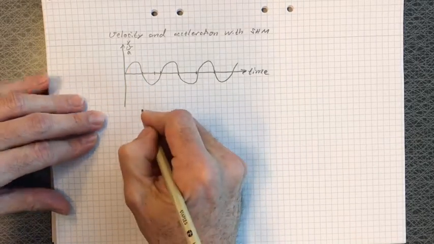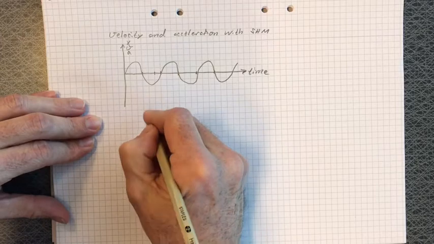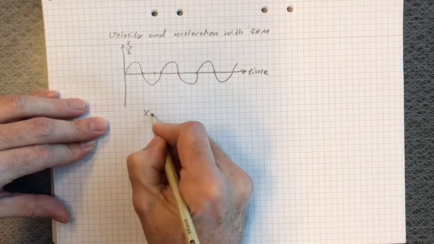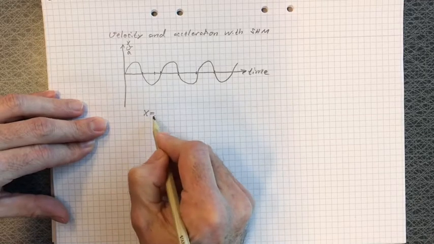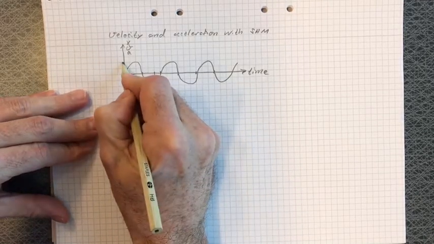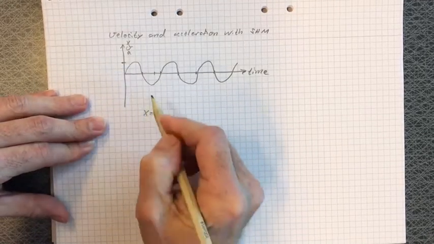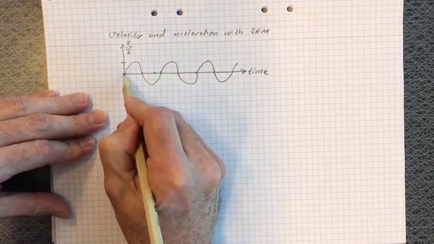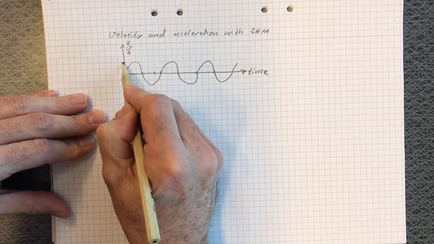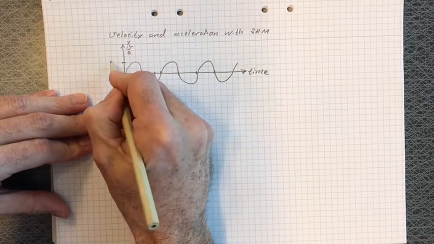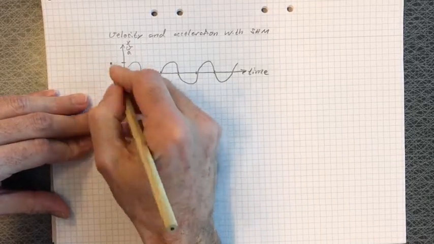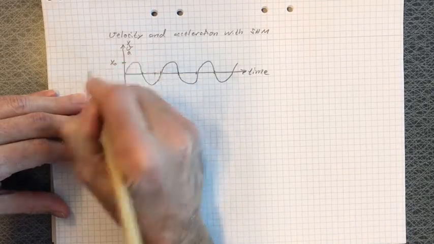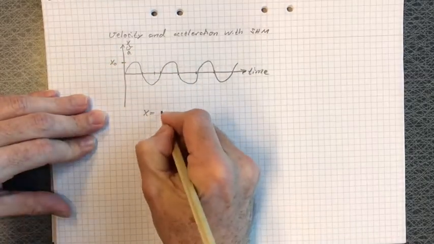With an equation, it looks like this. The distance or the displacement is equal to the amplitude, and the amplitude is the highest displacement. You could call it capital A as an amplitude, or as they wanted in this book, it's x0.